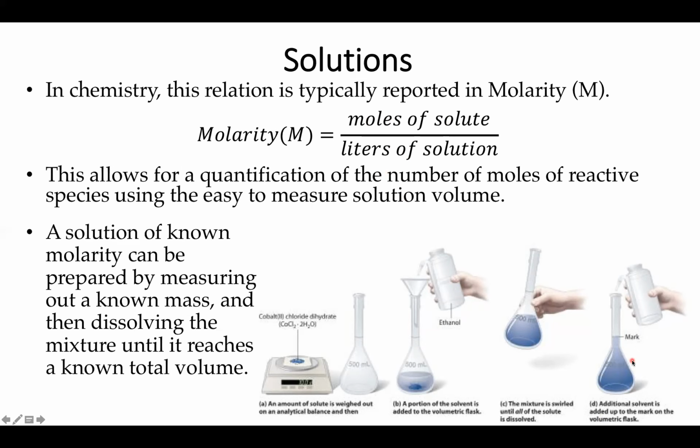And to do this, we use something called volumetric glassware, which is a fancy way of saying it's a piece of glassware with a mark on it that tells you exactly what the volume of a whole mixture is. That way, we can be utterly sure that we have the right volume for the total solution. And this kind of makes sense that if I'm adding my solute to my solvent, it can change the volume. If I go ahead and throw salt in water, I would expect the volume of my solution to go up because I put more stuff in it. And that's exactly what we see here.